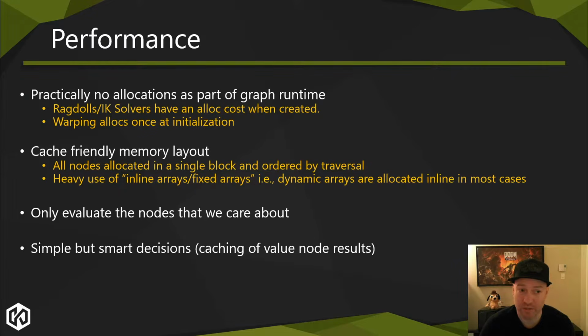The nodes are laid out in a single memory block, and they're ordered by traversal. So child nodes are laid out after the parents. When I'm in a parent node and I say, hey, give me the child, it's usually directly in memory right after that thing. So again, it's built in a more cache-friendly approach. We also only evaluate the nodes we care about. We don't need to evaluate a whole bunch of the graph.